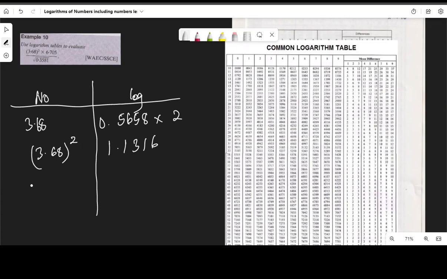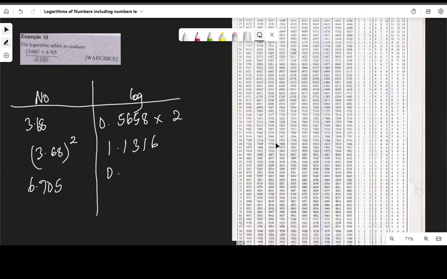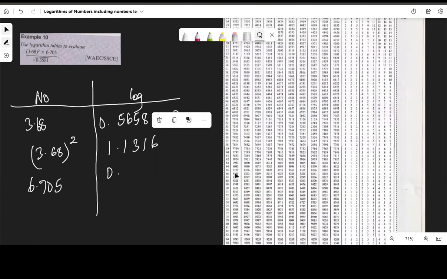Now for the second number, 6.705. The characteristic is 0. Logarithm of 67 under 0 is 8261, difference of 5.